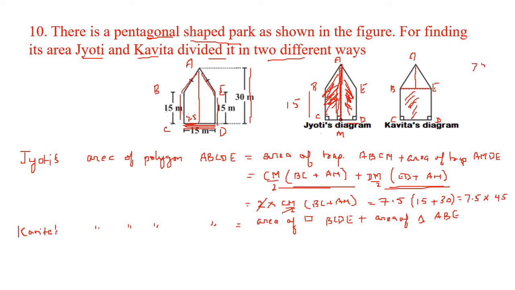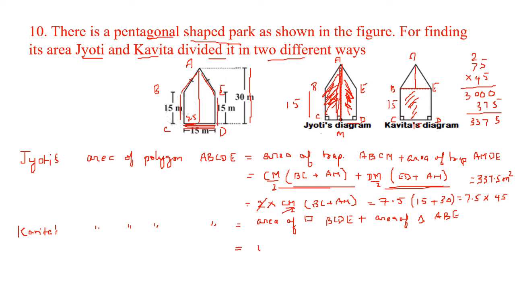Let us multiply 75 into 45. 0, 4 5s are 20, 22, 4 7s are 28 and 30. 5 5s are 25, carry 2, 5 7s are 35 and 37. We have got 3, 3, 7, 5. And there is one decimal point, so we get the answer 337.5 meter square. Now we try Kavita's method. This is 15, this is 15, this is square.